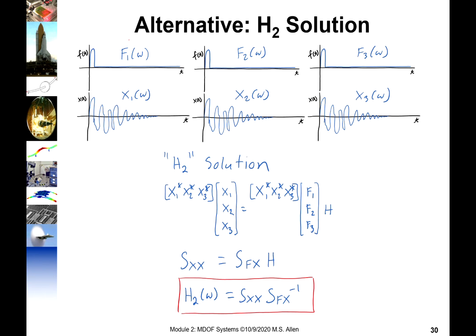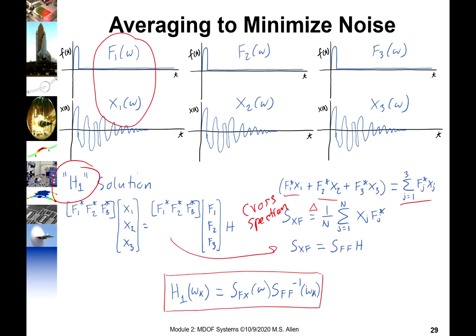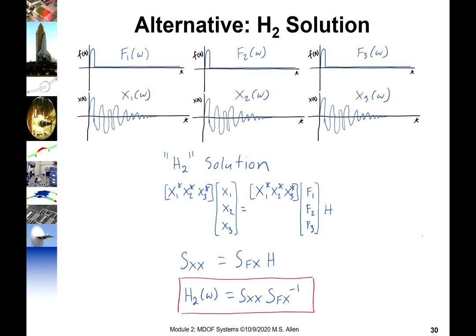So H2 is just an alternative way of solving the same thing. Rather than pre-multiply both sides by F, we could pre-multiply both sides by X, or X complex conjugate transpose. If we do that, we get a slightly different equation here. And now, whereas here we're inverting the force autospectrum matrix, or the cross spectrum between the force and itself, so a spectrum between a force and itself we call the autospectrum, we're inverting a cross spectrum.